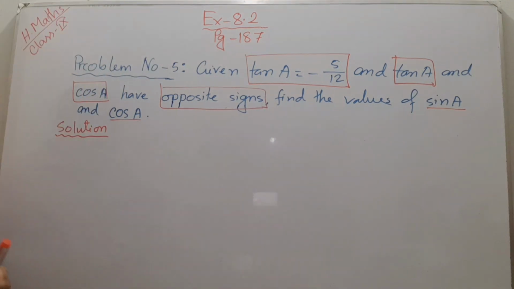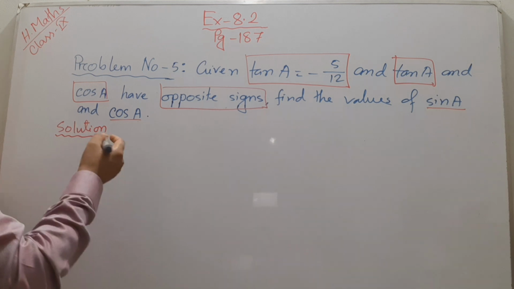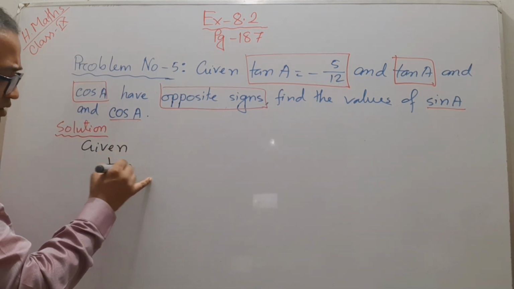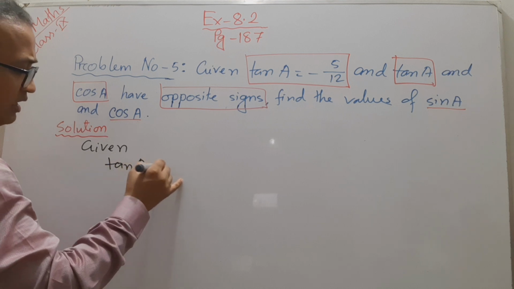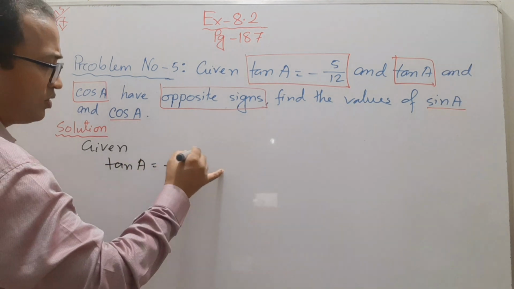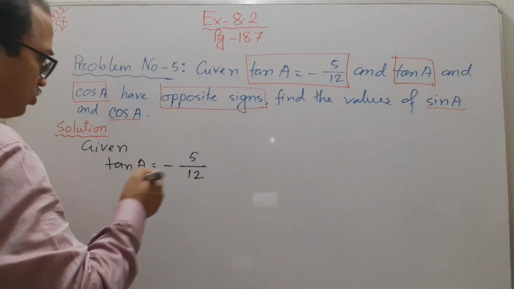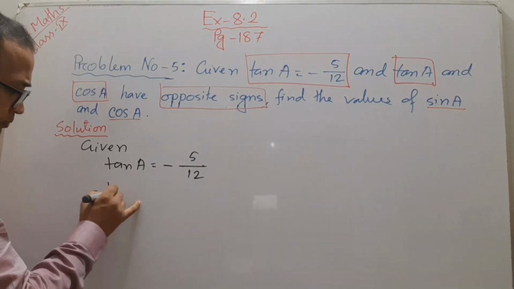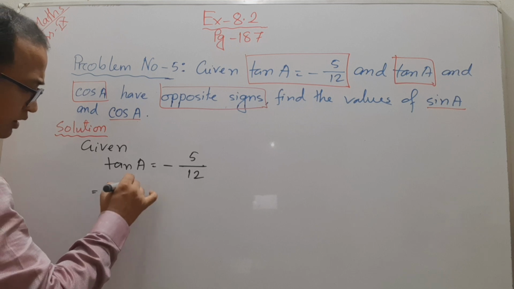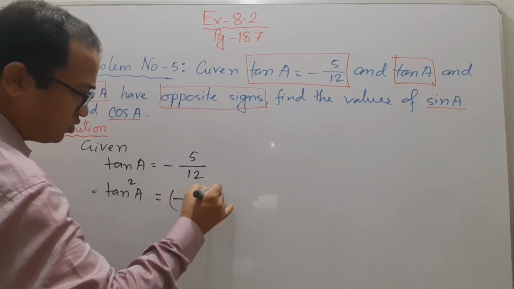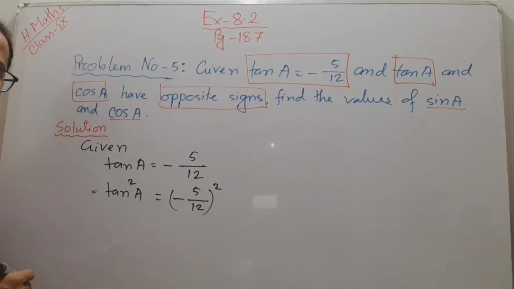Let's start the solution. At first we will write the given: tan A is equal to minus 5/12. Now take the square on both sides. Tan square A equal to minus 5/12 whole square.